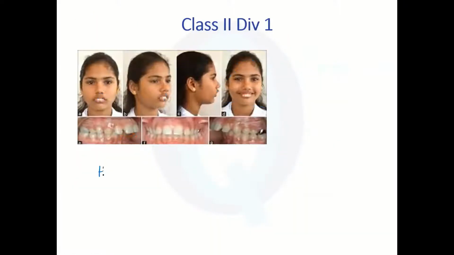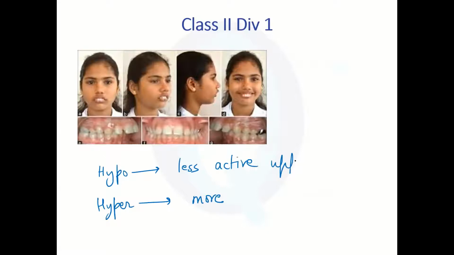Hypo means less. Hyper means more. Less active upper lip. Why? Because, can you see the upper lip in this patient? The upper lip is not able to close. This is why the tonicity goes down.